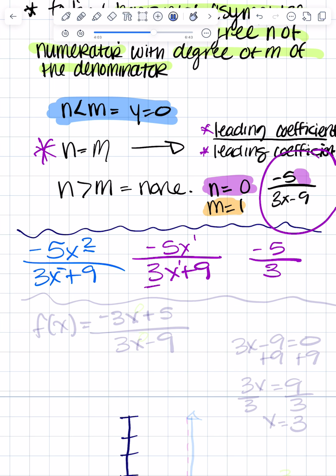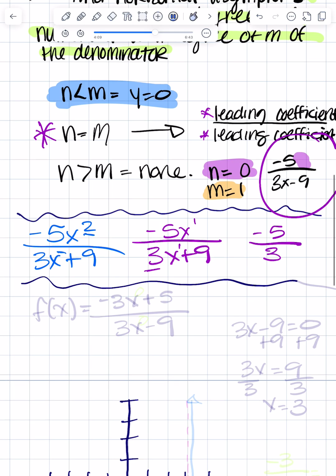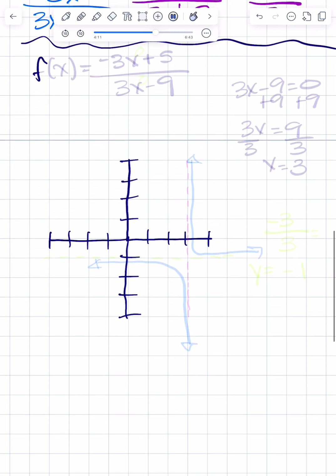All right. So now we're going to dive into our problem. I chose number 4, and that looks like f of x equals negative 3x plus 5 over 3x minus 9. So similar to our example that we just did, this is in its simplest form.